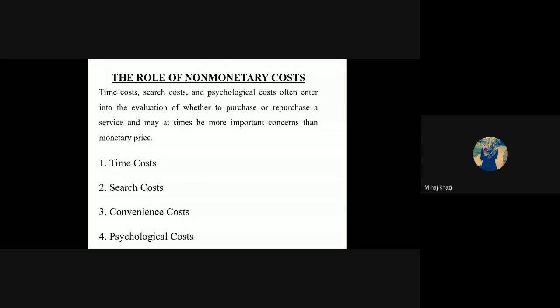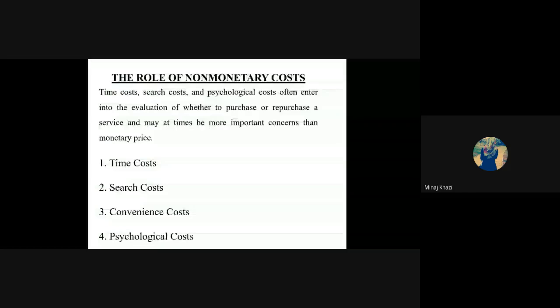And last is psychological cost. Psychological cost depends on the psychology of the person, how he thinks. Like if you are waiting for a longer period of time, what your psychology is. Waiting is one of it, and prices, if you have to pay more.